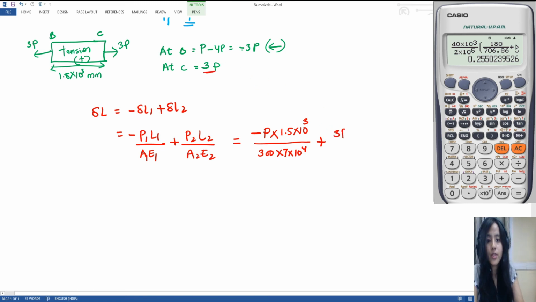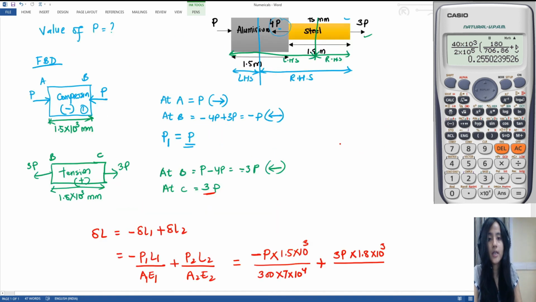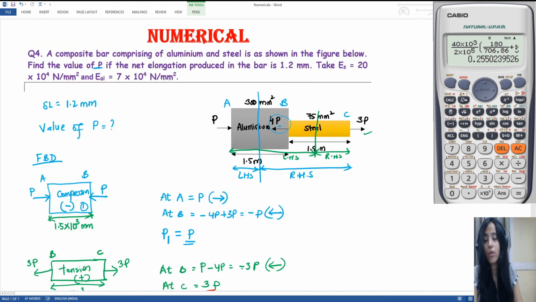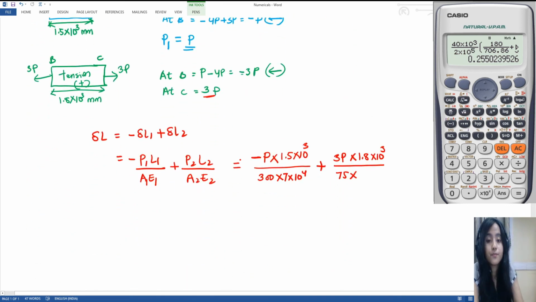So 3P into the length is 1.8 into 10 raised to power 3 divided by area is equal to 75 mm square into modulus of elasticity for this steel is equal to 20 into 10 raised to power 4.